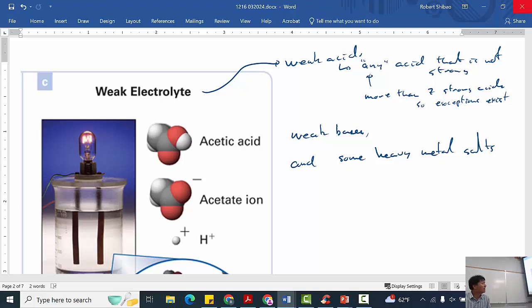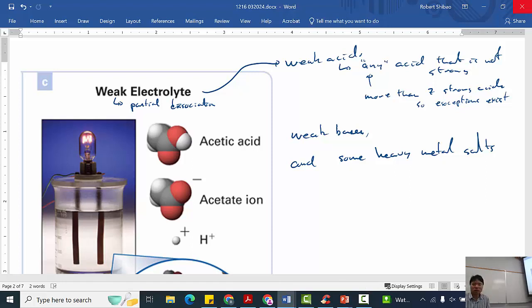So weak electrolytes are going to be weak acids, weak bases, and some heavy metal salts. But it depends on how you're defining weak electrolyte. The way we're defining it here is partial dissociation. But it could also be a weak or dim light bulb here.